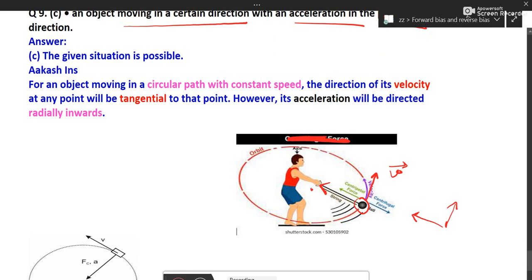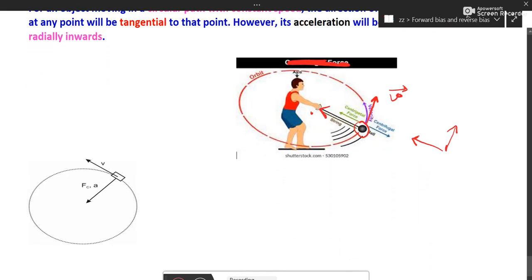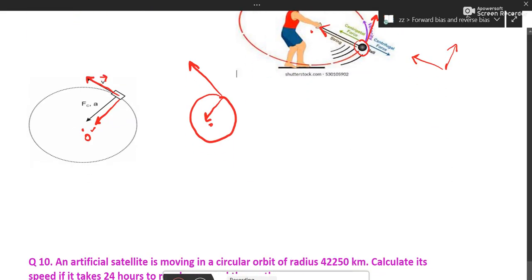So yes, it is possible. Velocity in a particular direction and acceleration in another perpendicular direction. You can see here velocity in a circular path is shown by the tangent. This is velocity's direction, and acceleration is acting along the radius toward the center. So acceleration is in a perpendicular direction. Velocity is along the tangent and acceleration is toward the center.